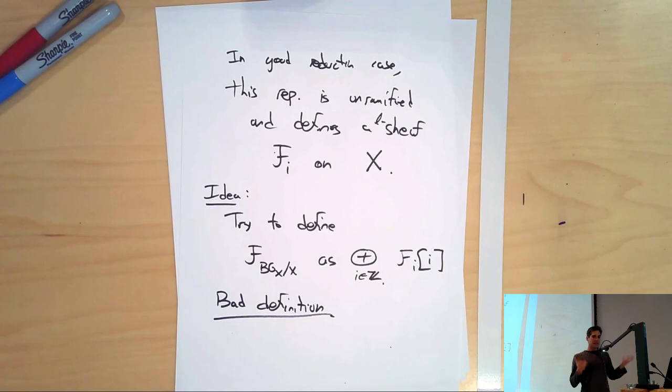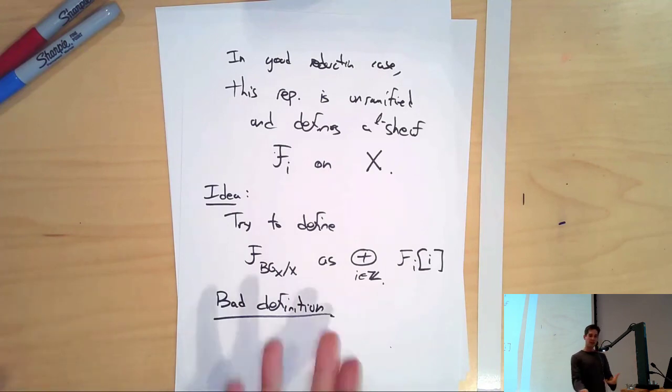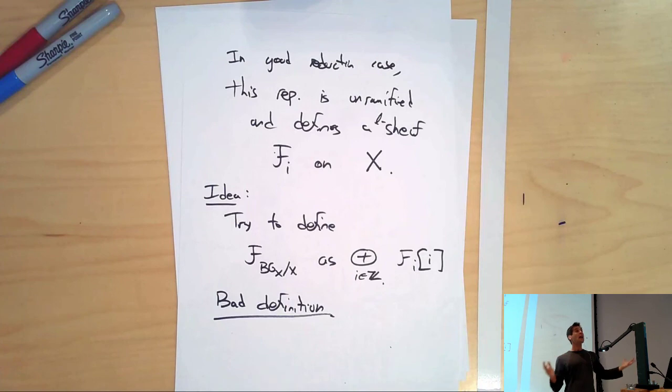So it's just as good for the purpose of counting points, but it's not good for reducing questions about counting points to geometric questions about cohomology groups. This definition will not let you prove something like theorem A.